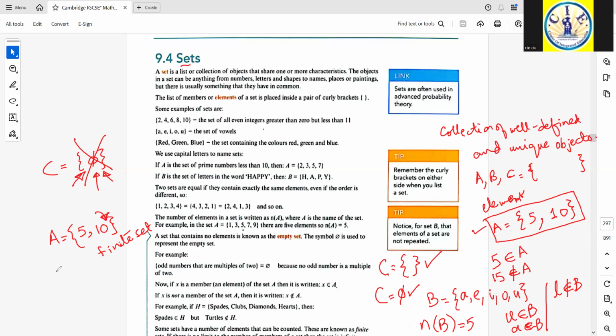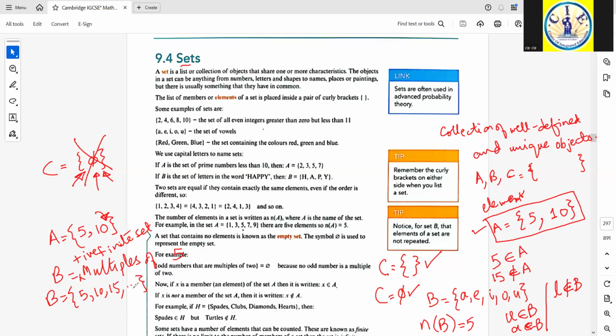But if, for example, we define a set B as just the positive multiples of 5, so that B would be 5, 10, 15, and it would be continuing so far.